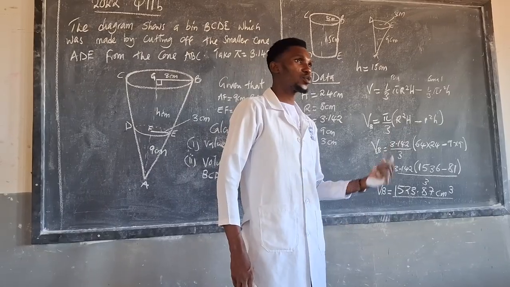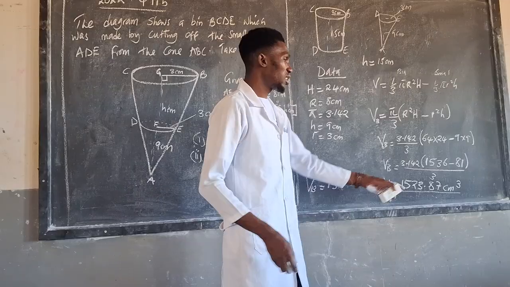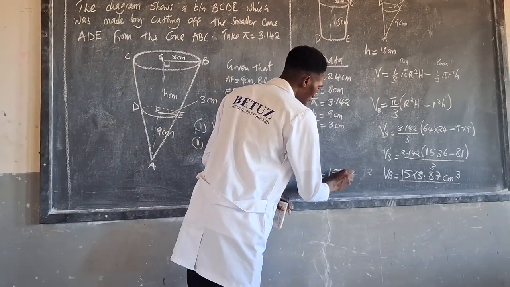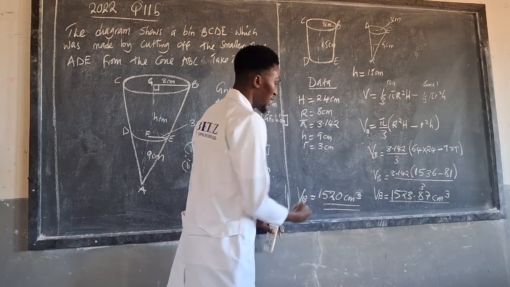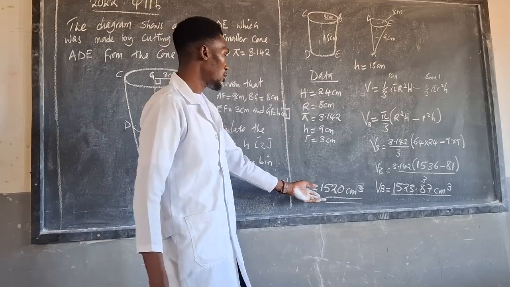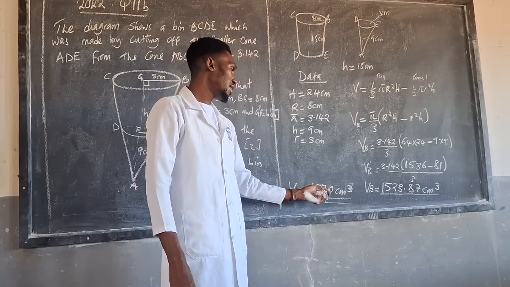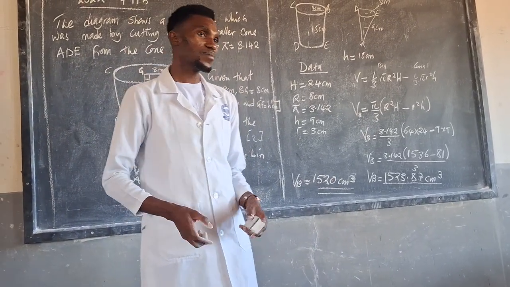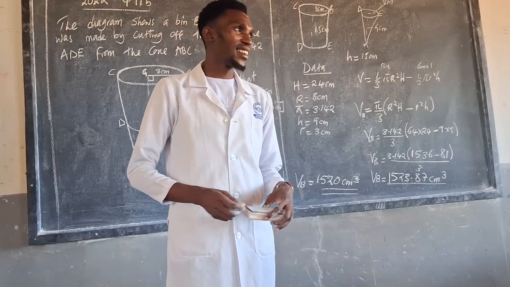Is it 30 or 20? 20, right? 23 is nearer to 20 than 30. So we put 20 centimeters cubed, like that. We have rounded off our answer to 3 significant figures because the 0 here is not a significant figure. Any questions, challenges? Okay.